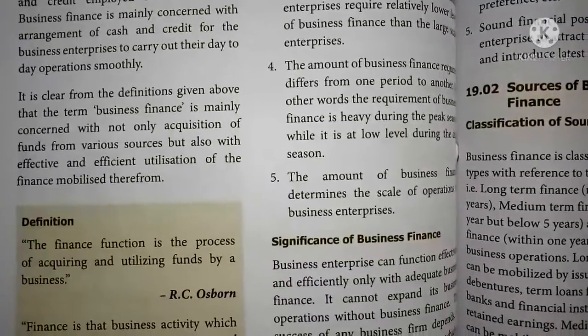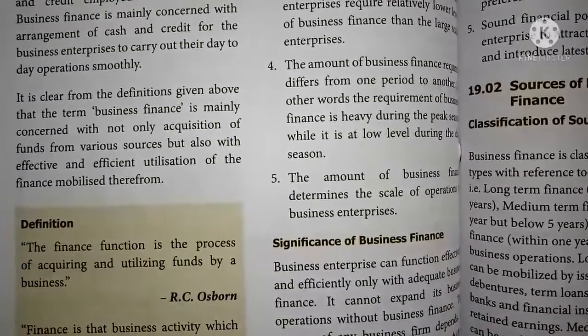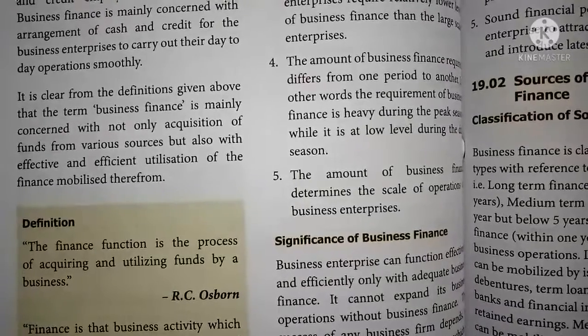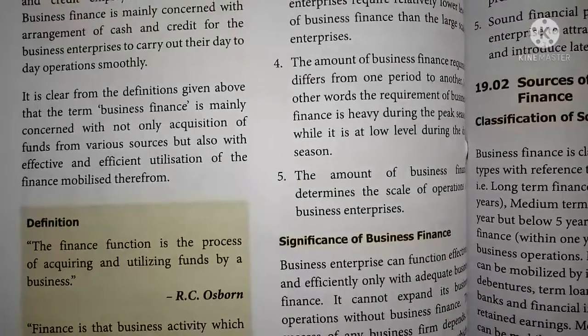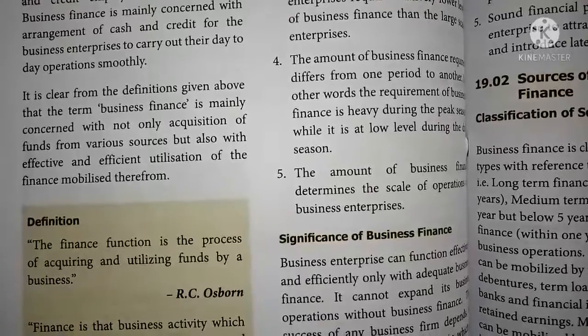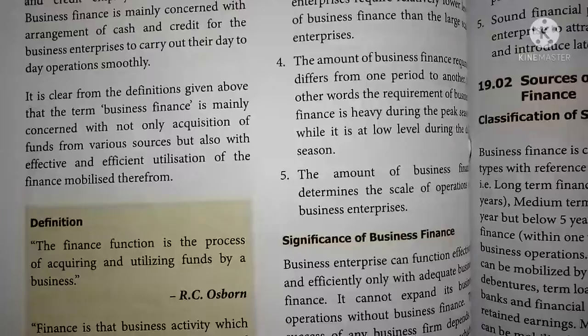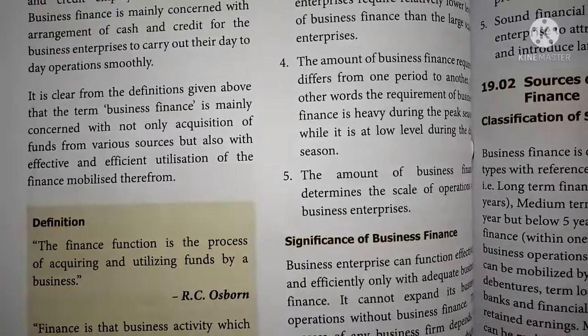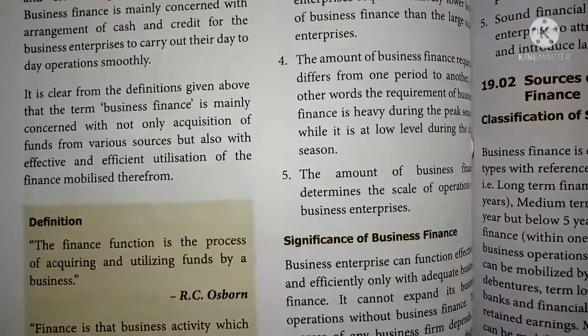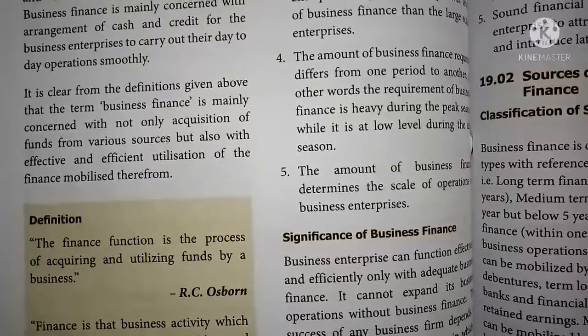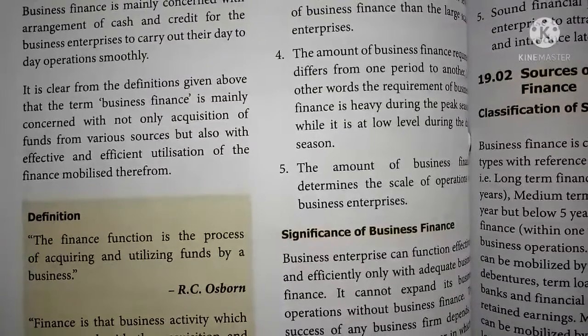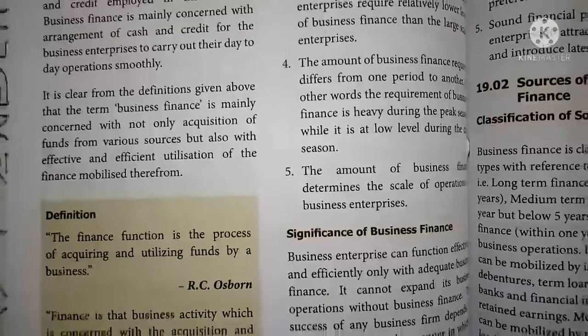From the definition point of view, the finance function is the process of acquiring and utilizing funds by a business. Funds will be acquired by the business, and how these funds will be utilized in the business is called the finance function in the business activities.